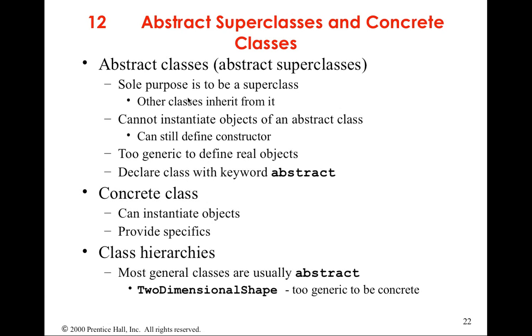So abstract classes, or abstract superclasses: their sole purpose is to be a superclass. We know that already because we can't make an instance of an abstract class. Hopefully you got that. Other classes can inherit from it, and they should inherit from it. That's why it exists. You can't instantiate objects, but it can still define a constructor. The abstract class can still have a constructor.